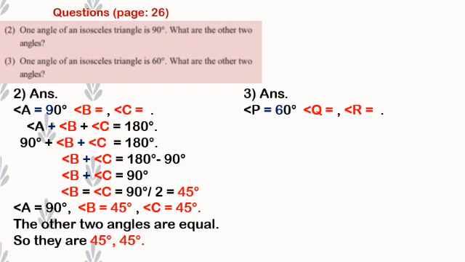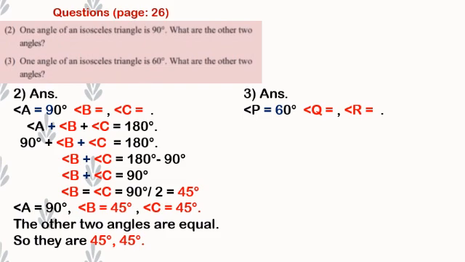So angle Q and angle R are equal. We know the sum is 180°. One angle is 60°, then the sum of the other two angles is 180° minus 60°, equal to 120°. Then each angle is 120 by 2, that is 60° each.